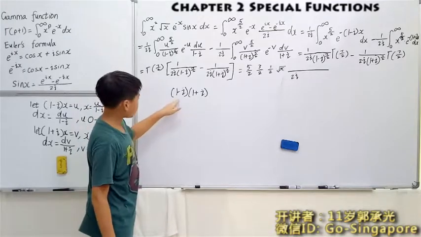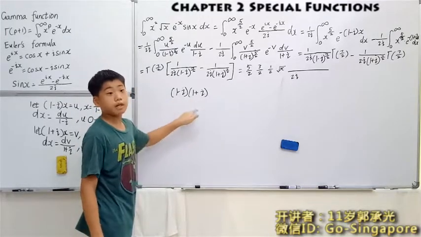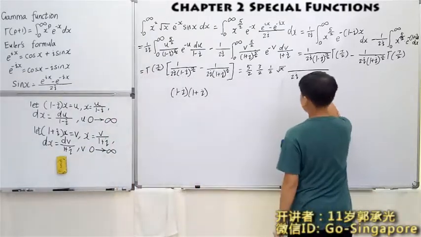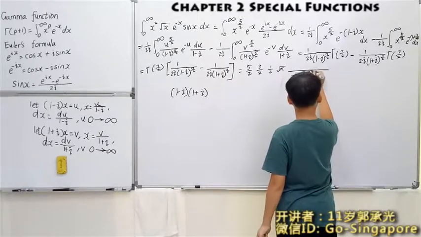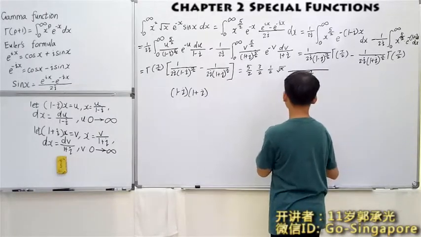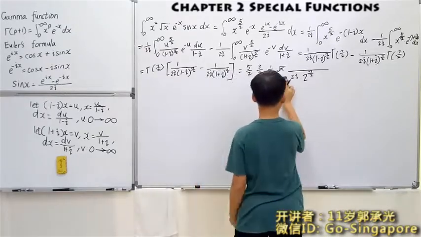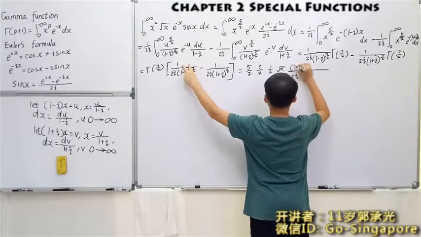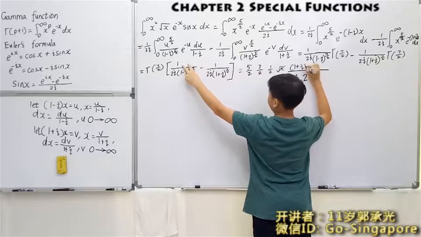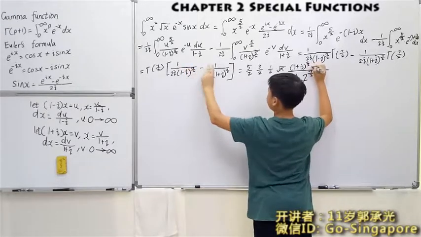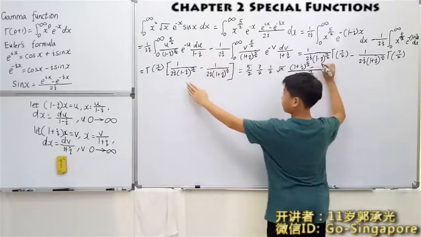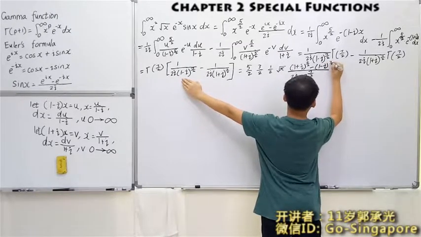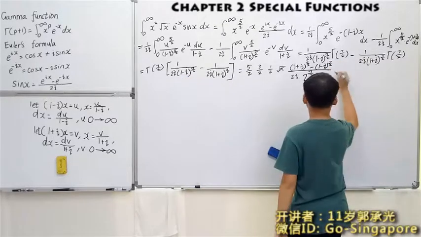Then a minus b, a plus b, a squared minus b squared. 1 minus negative 1 is a 2. So this will be a 2 to the power of 7 over 2. Then for the power, this part (1 plus i) to the power of 7 over 2, then minus this (1 minus i) to the power of 7 over 2. Okay.